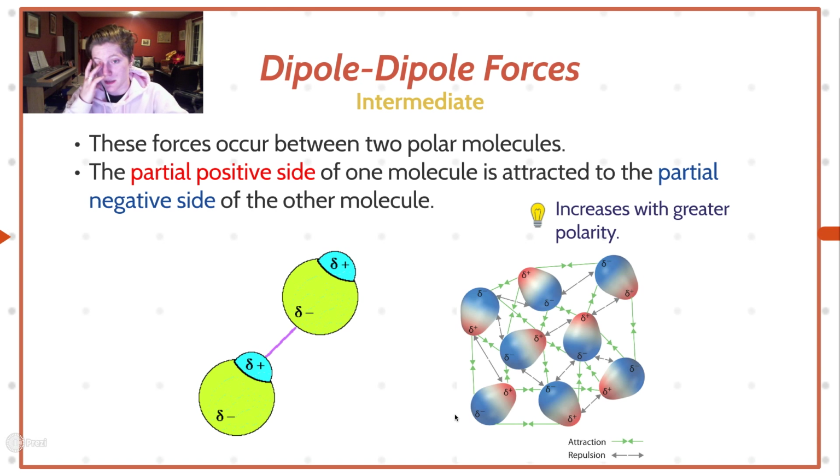Not much to say about this one. If they're more polar, so there's a bigger dipole moment, bigger difference in electronegativity, there's a bigger dipole-dipole force. There's attractive forces that happen, as this intermolecular force. There's also repulsive forces that happen. And this remains a weak intermolecular force, like all intermolecular forces are pretty weak.